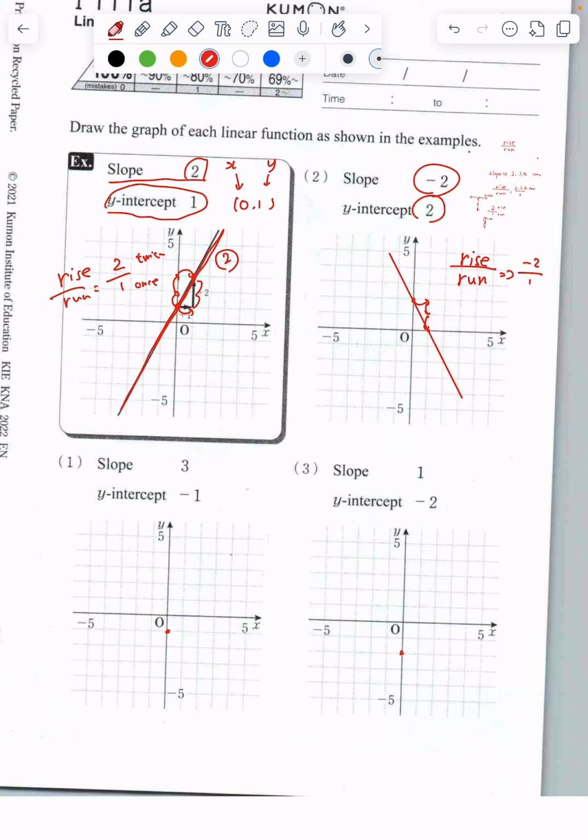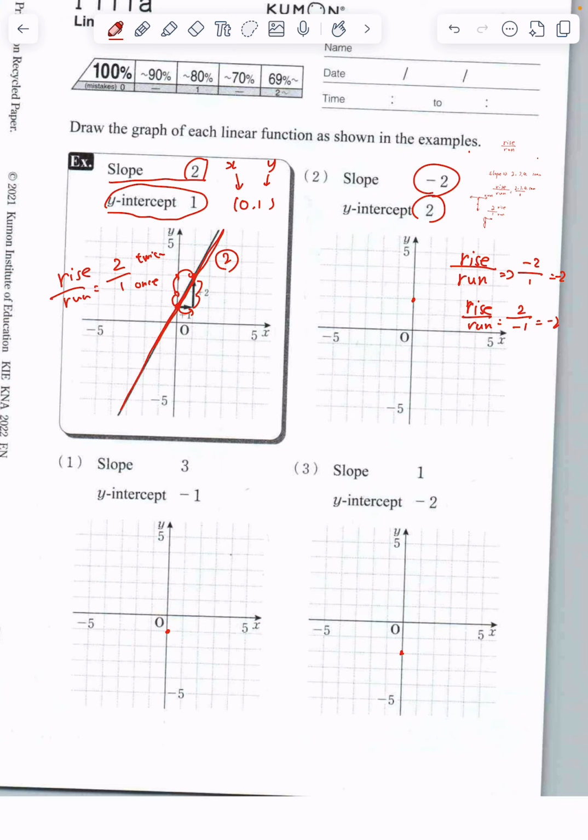If I look at this differently, I say, okay, I don't want to go rise over run like that. I want to go rise over run as 2 and -1. That will also give you the slope as -2, right? So how does that work?